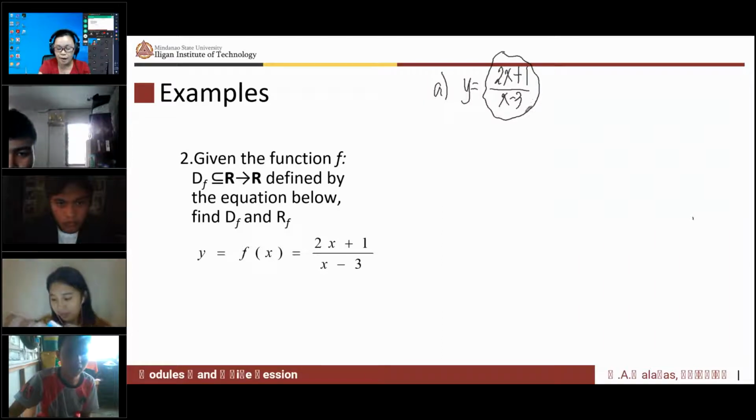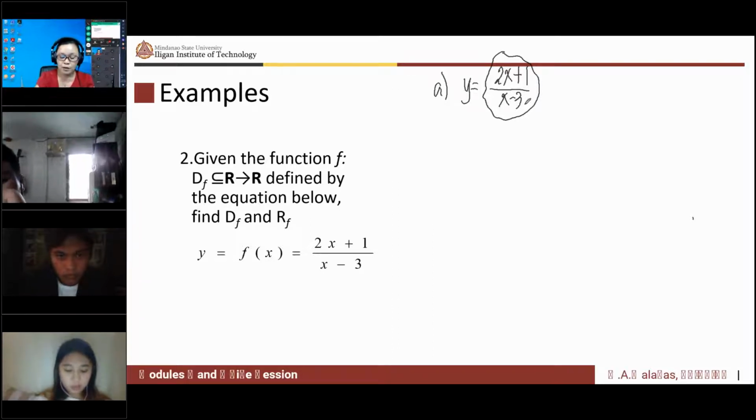So you just have to look at the denominator. If x equals 3, the equation has no meaning at all in R. So that is a restriction. Therefore, our domain is the set of real numbers minus the set containing 3.